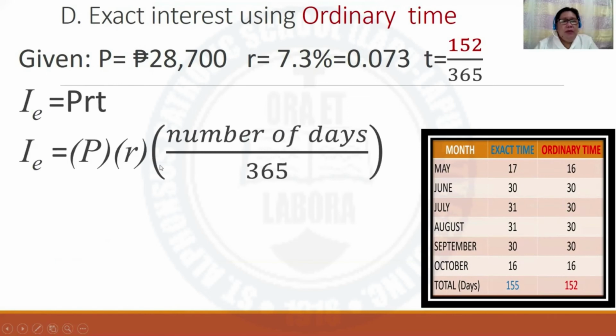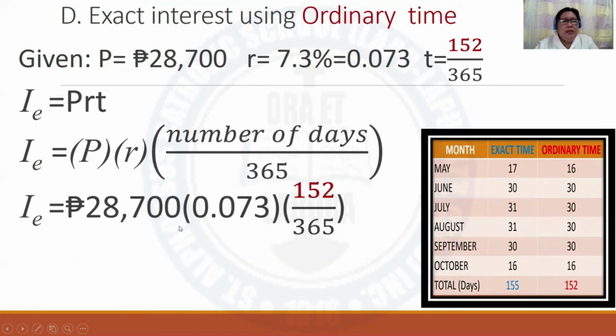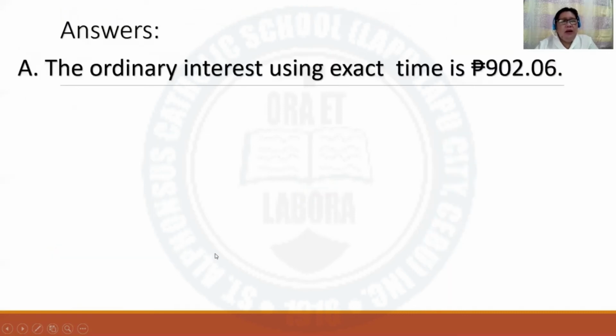So using the formula and converting T into number of days over 365, 28,700 for P times 0.073 for R and 152 over 365 for T. And the result is 872.48.